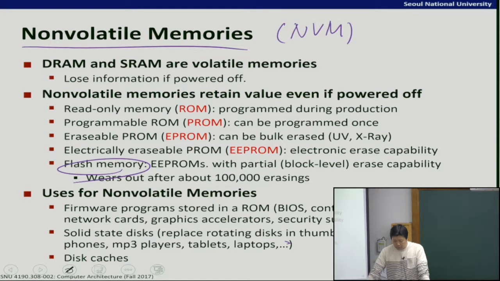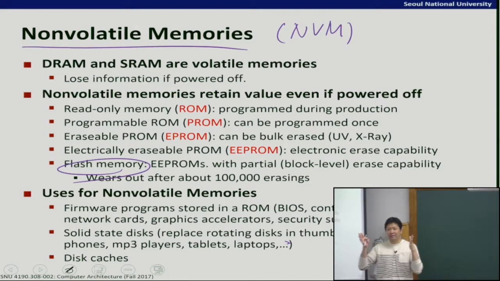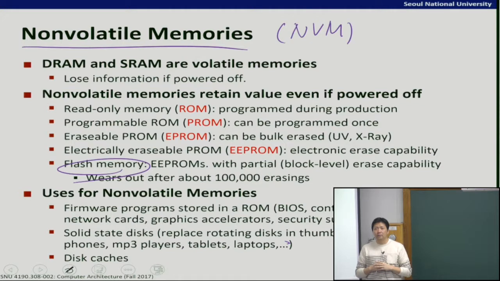The examples of NVM include ROM, PROM, EPROM, EEPROM. All these things are variants of ROM. ROM is basically an array of cells, and each cell has a fuse in it, like a metal wire, and then you selectively remove this fuse.